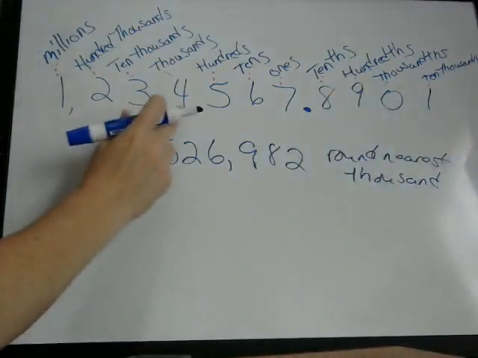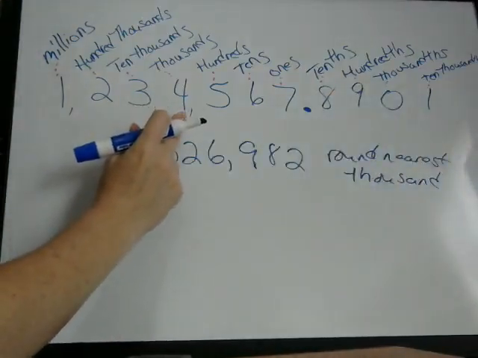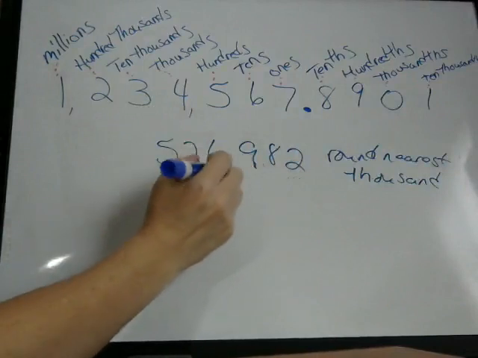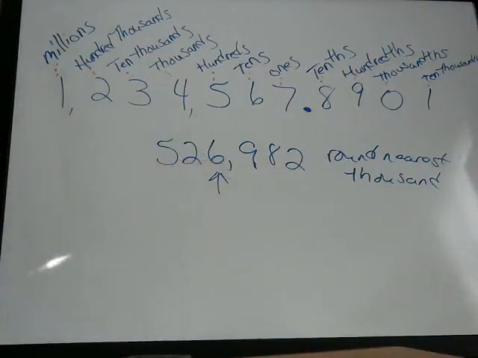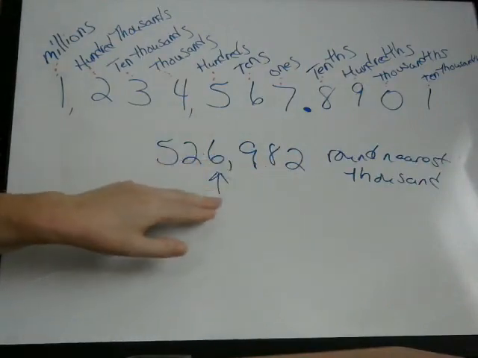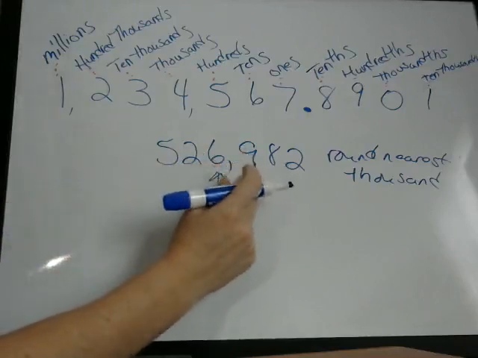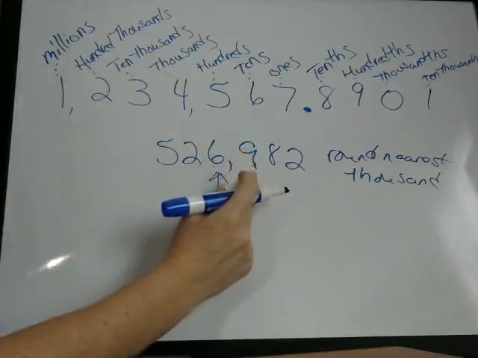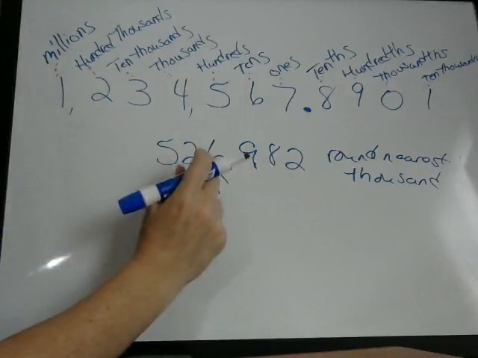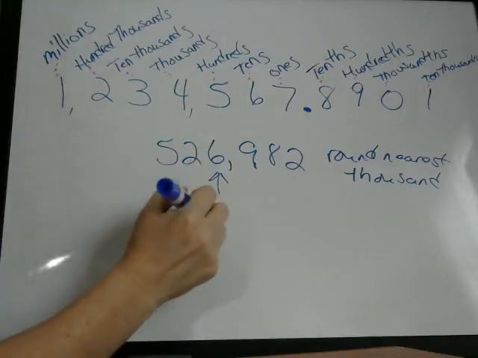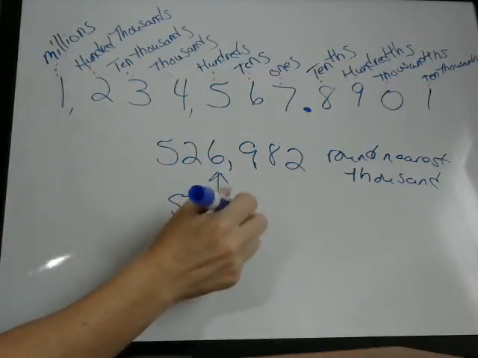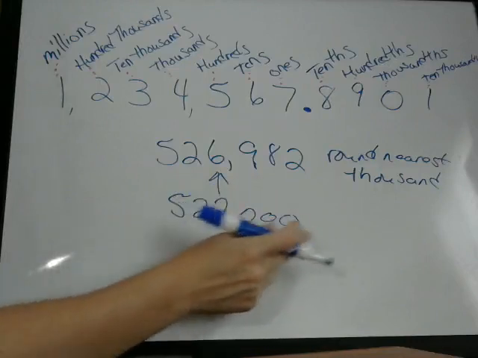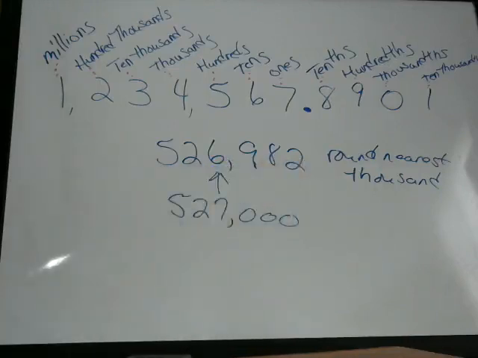Again, the thousands is the fourth place. So we go over 4. This is 1,000. And the 6. So we look to the right. There's a 9. That is greater than or equal to 5. So we're going to increase this number. 527,000. And then we just replace the rest of the digits with zeros.